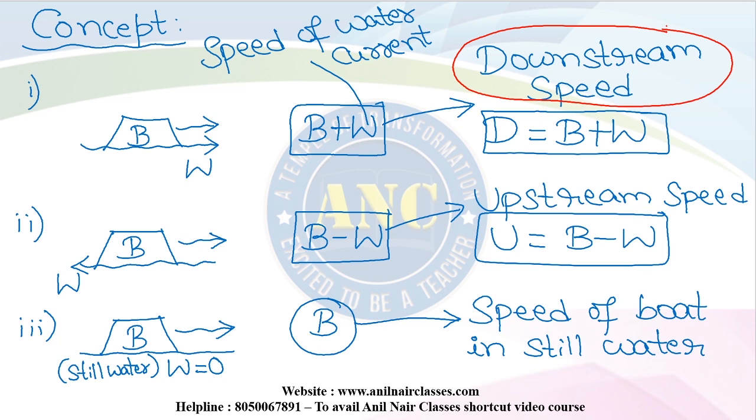Downstream speed is basically when we are traveling down. Suppose we travel on a straight road and suddenly we get a road which is a little down. Whatever speed at which we go is generally called the downstream speed. I am just giving a small idea so that you will understand it better.